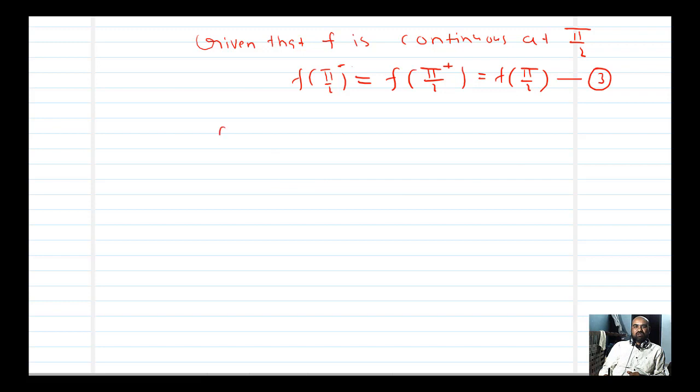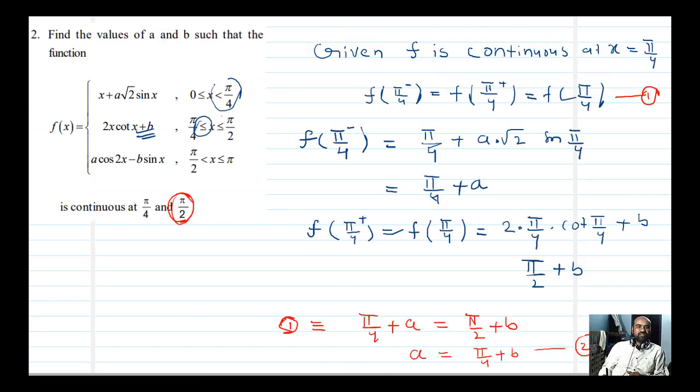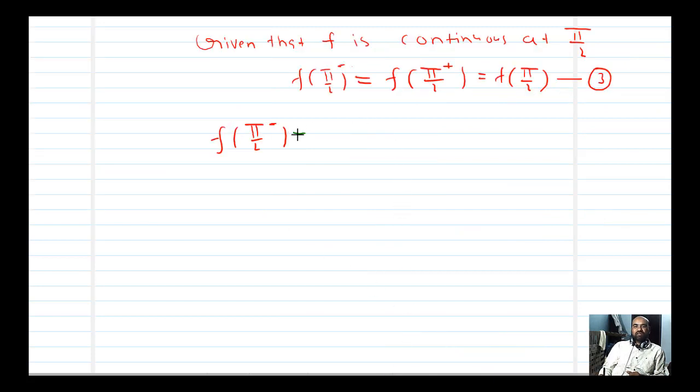So now I directly want f of pi by 2 minus. Okay students, f of pi by 2 minus means this one, and it is equal to both, so both I will write here only, and f of pi by 2 also. Which rule?